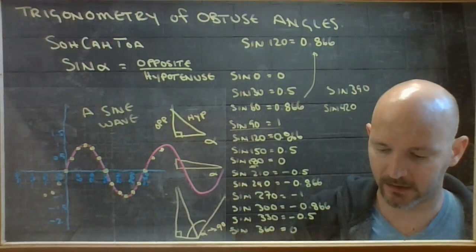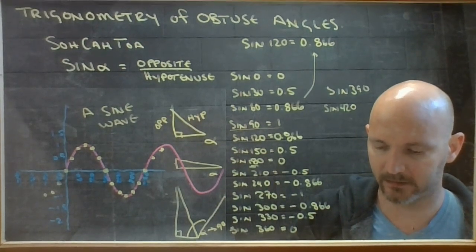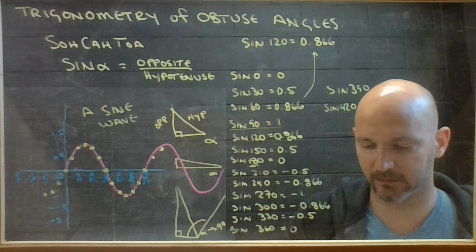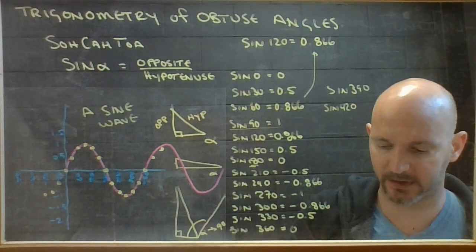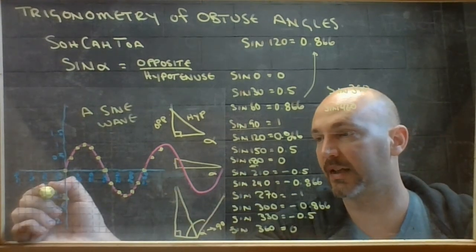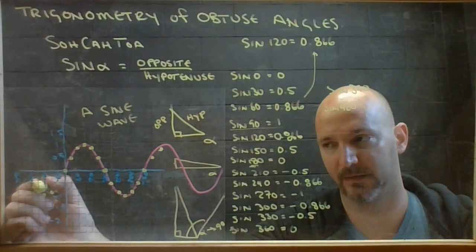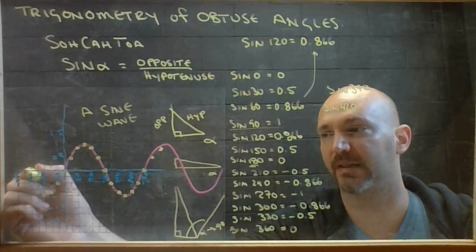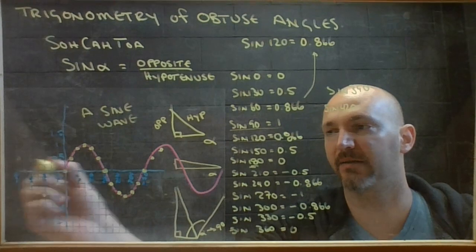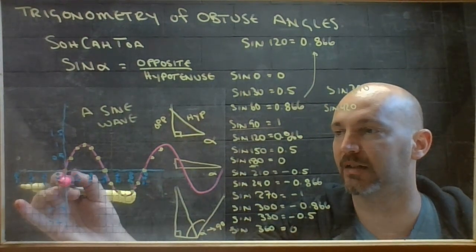Sine of negative 120. I get negative 0.866. And then probably negative 0.5, and then 0, and then 0.5, so that I end up with this wave repeating itself into the negatives as well.